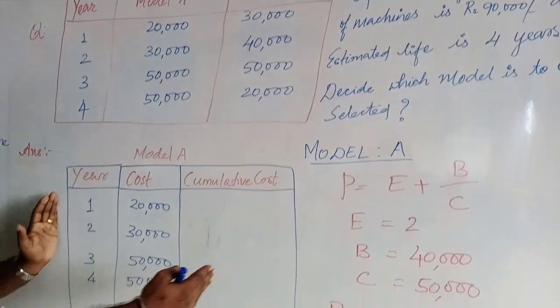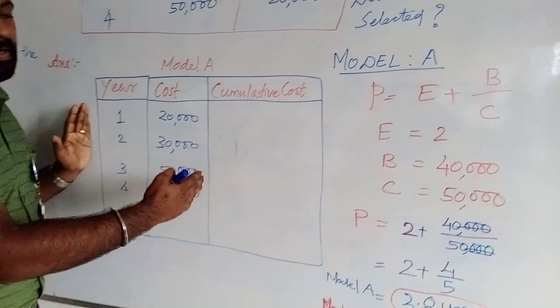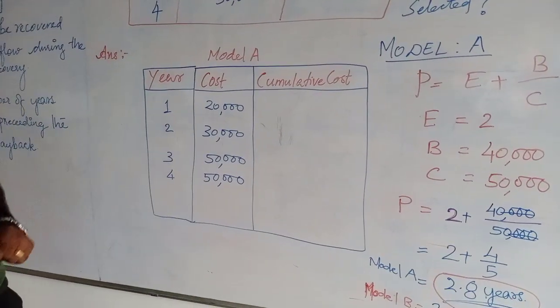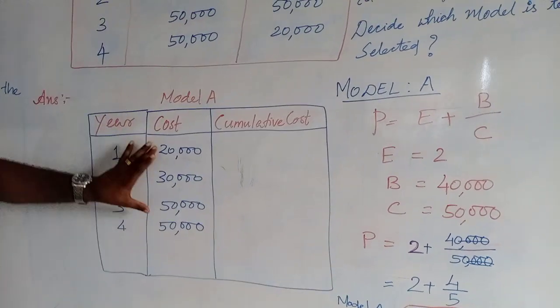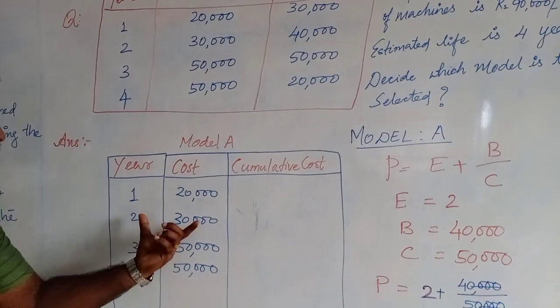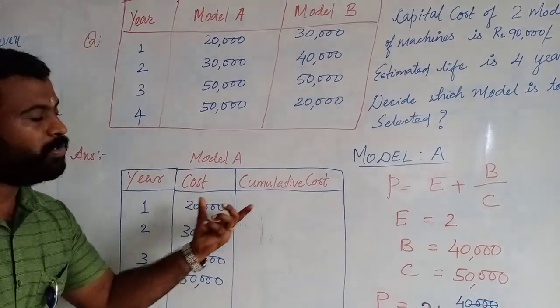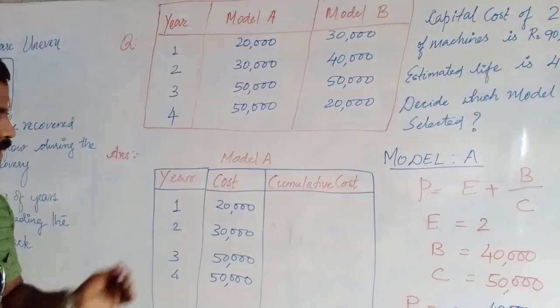First of all, I am doing the model A part, that is, I am trying to find out the payback period of model A. I rewrite the cash inflow in the cost column, and then we have to find out the cumulative cost in each year.